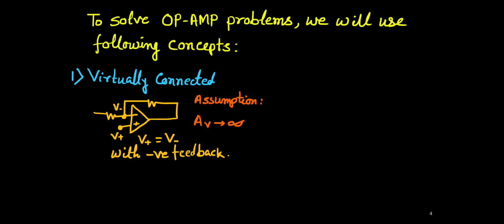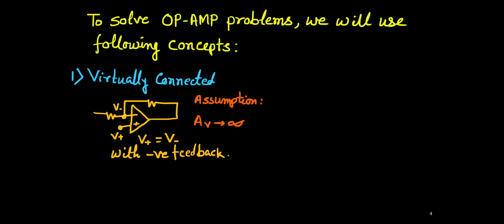If the voltage gain is infinite and the circuit has negative feedback, we can say that the inverting and non-inverting terminals are virtually connected.